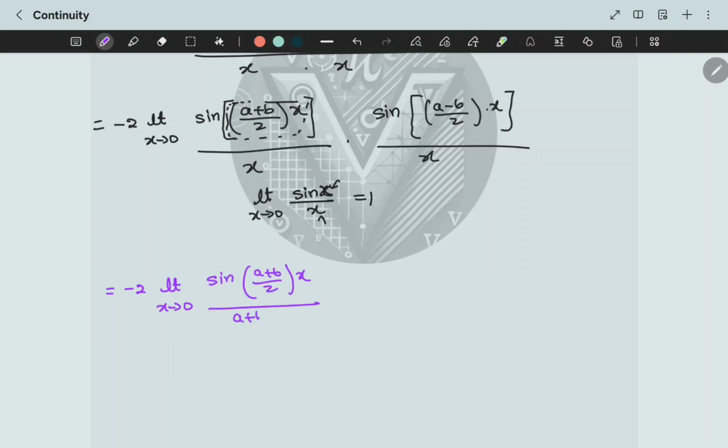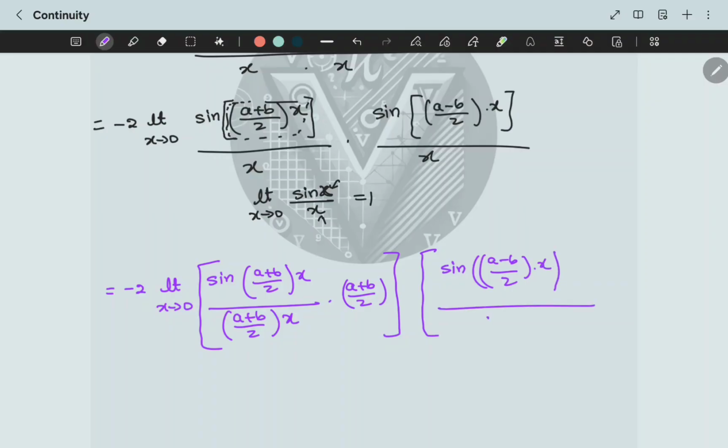Now I'll multiply and divide with (a plus b) by 2, right? So this is the first part, and then the next part is we will multiply and divide with (a minus b) by 2, right? I hope this is clear, right?